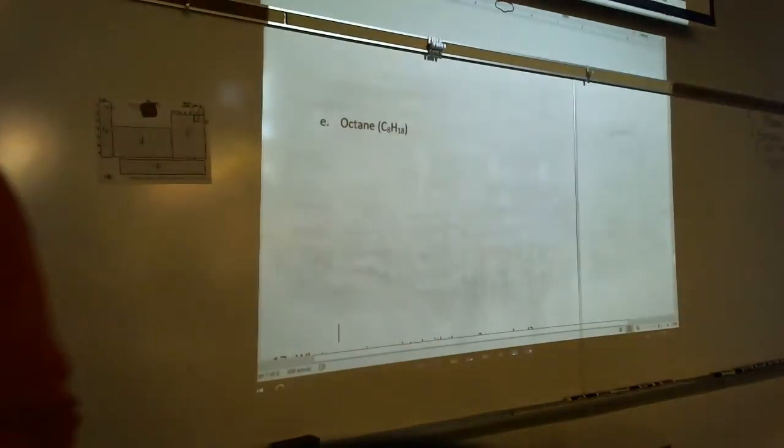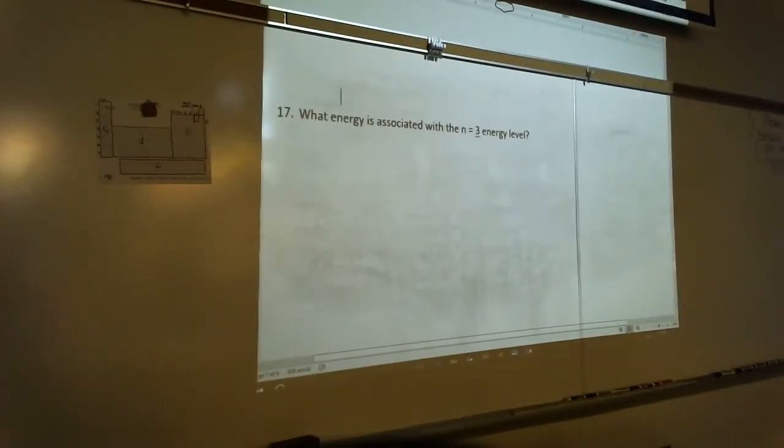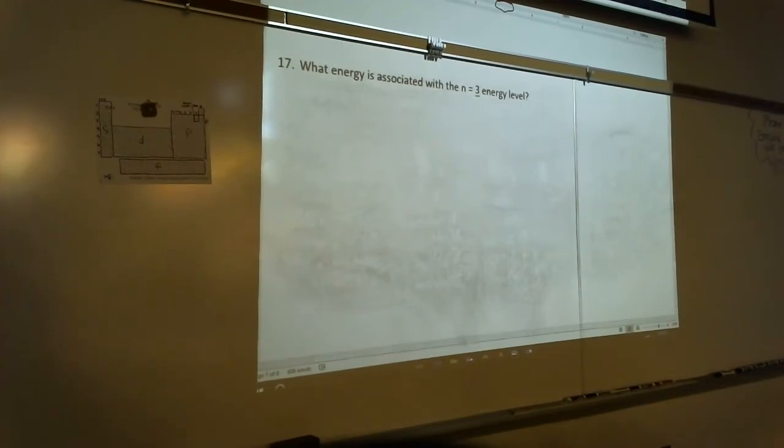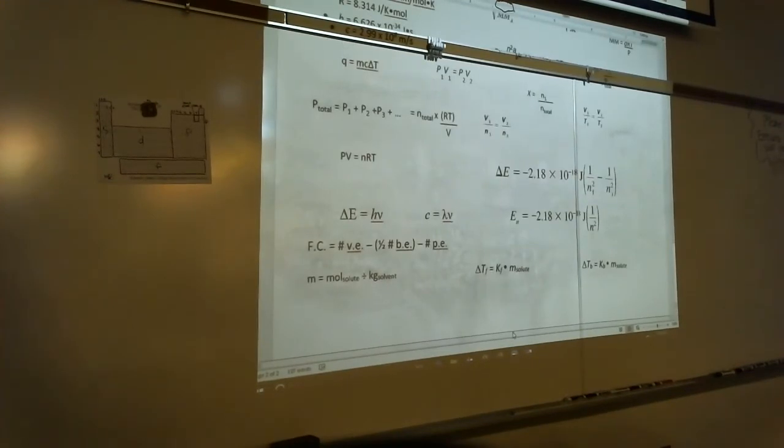Last problem. What energy is associated with the n equals 3 energy level? If you didn't know this formula off the top of your head, you can look at your reference page. Which formula do you want to use? E sub n. Right, this one. E sub n is equal to this constant times 1 over n squared.